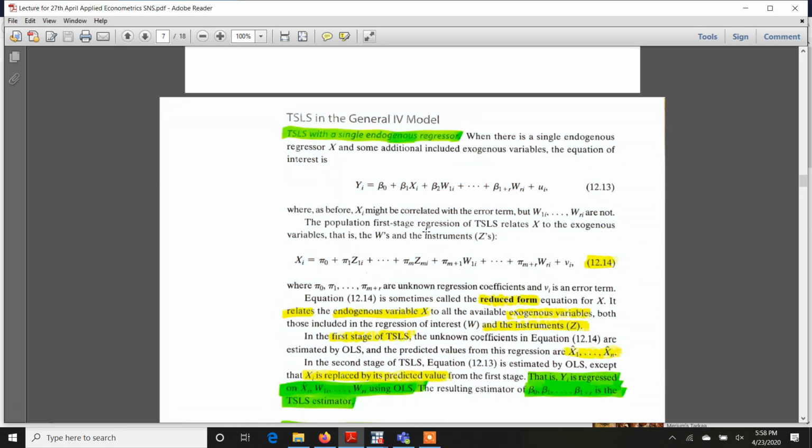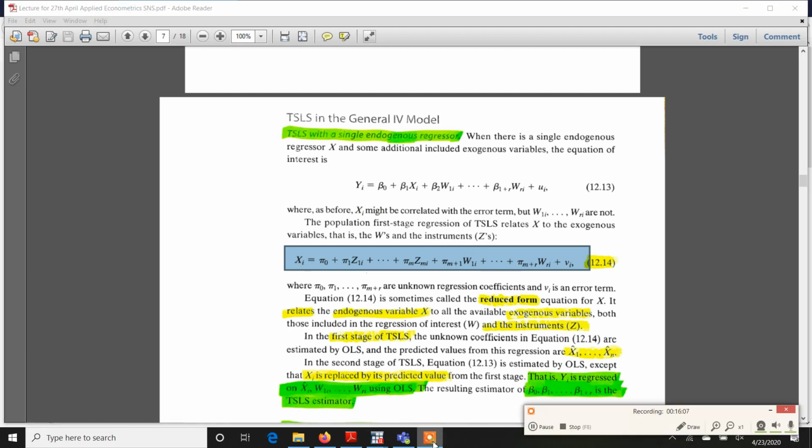Okay, so the first stage regression of TSLS is to regress the endogenous variable X on the Z's and W's, where the W's are the included exogenous variables and the Z's are the instrumental variables.